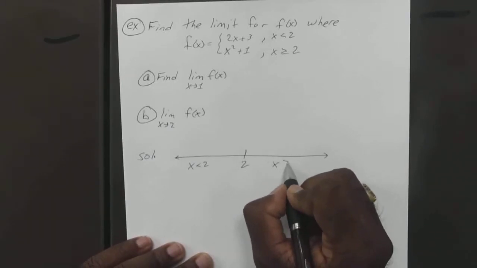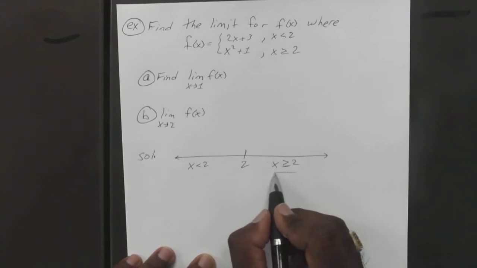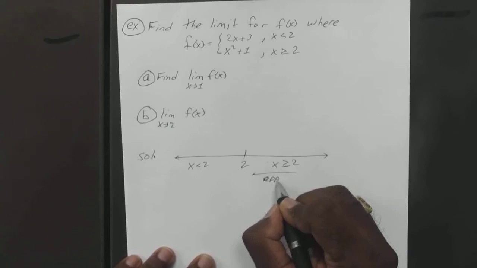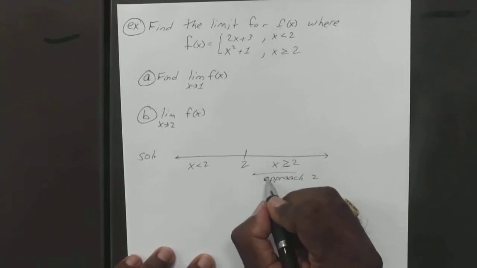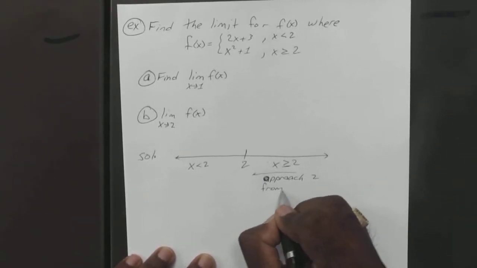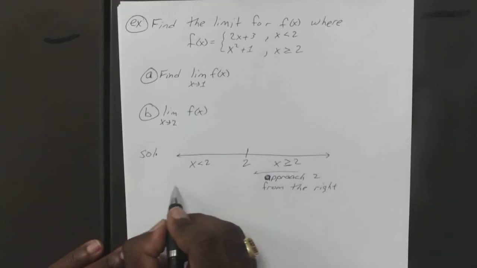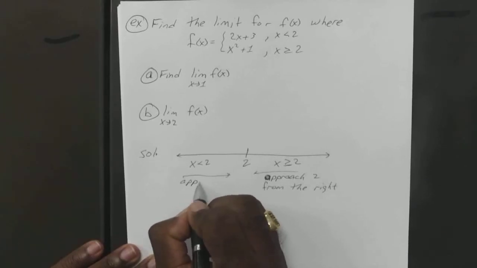And we know that when x is greater than or equal to 2, you're approaching 2 from the right. And this one is approaching 2 from the left.